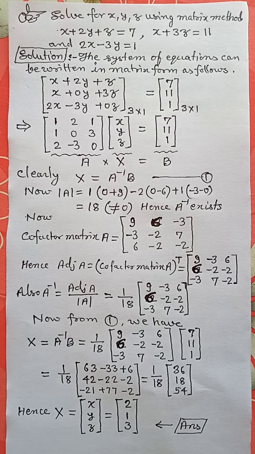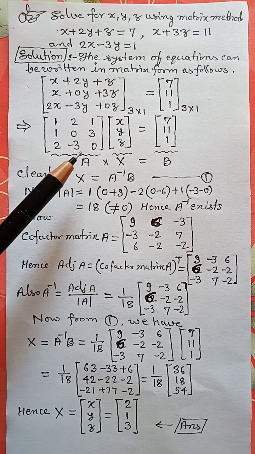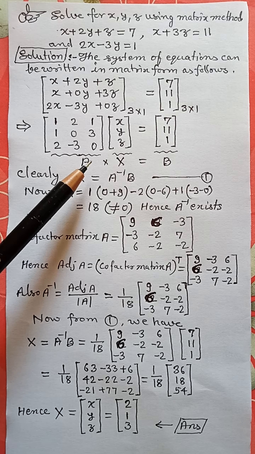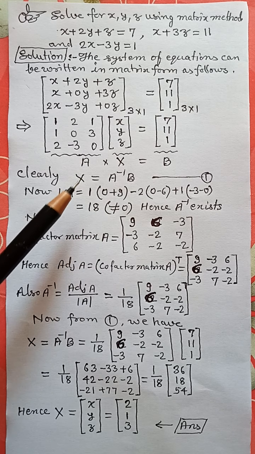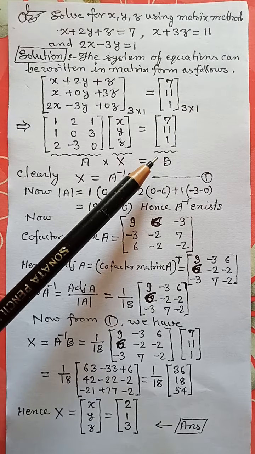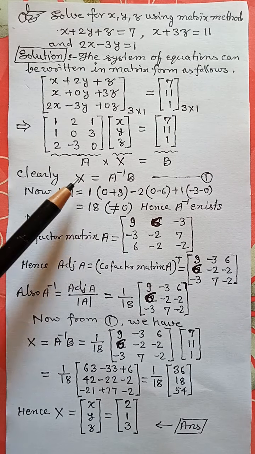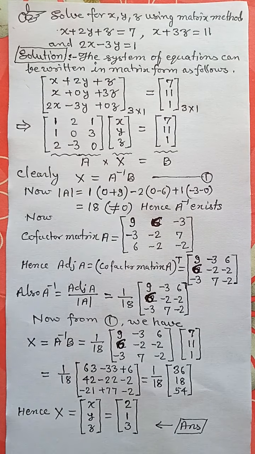Now multiplying both sides by A inverse, we have X is equal to, because A inverse A is equal to I, and I multiplied by X is X. This is equal to A inverse B. This will be our solution.